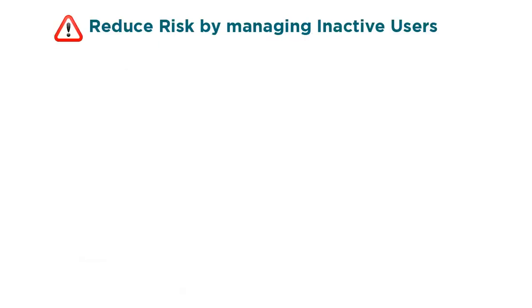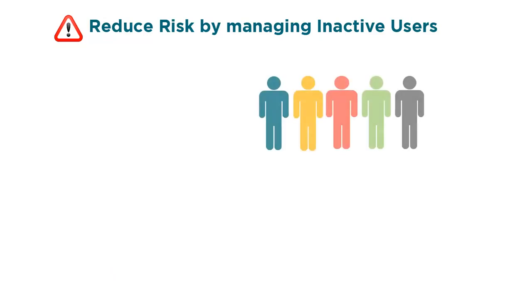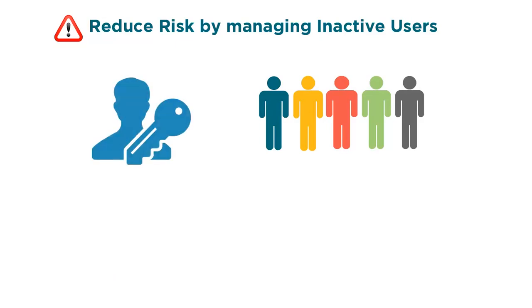The most common risk to MOVEit Transfer is the mismanagement of user account permissions and inactive users staying valid within your system. It is a best practice to manage permission levels, status and expiration, and access policies for users from the settings page.